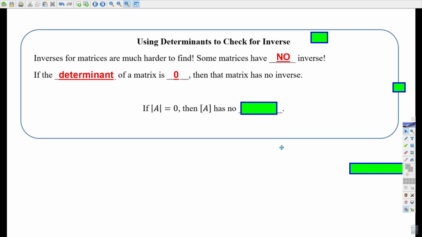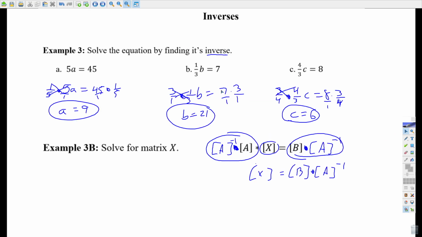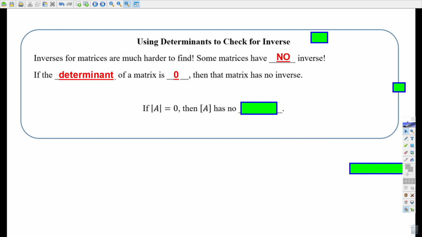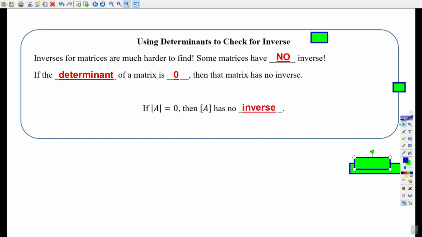If the determinant ends up being 0, we say there's no inverse, so you can't solve for X back here. So if the determinant of A is 0, then we know the original matrix A has no inverse. All we're really going to do is see if a matrix has an inverse by doing the determinant.